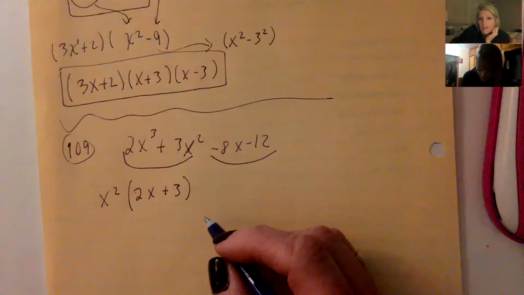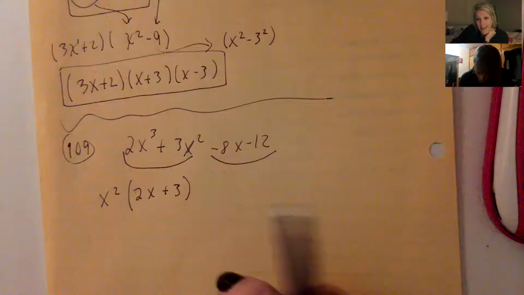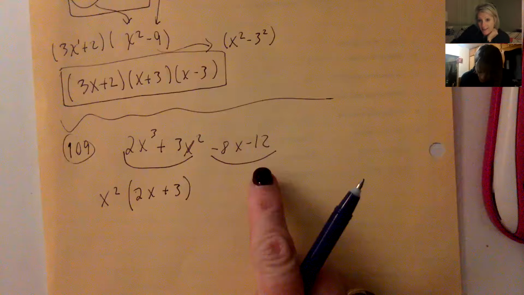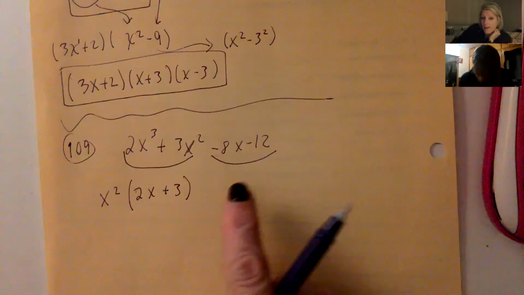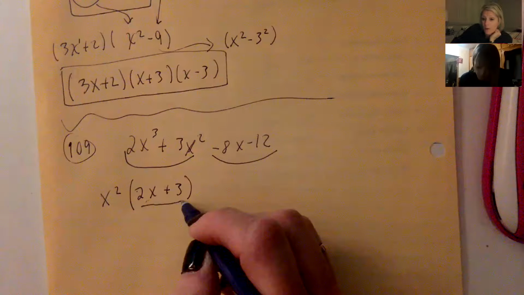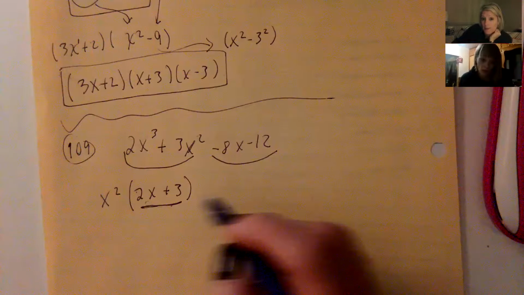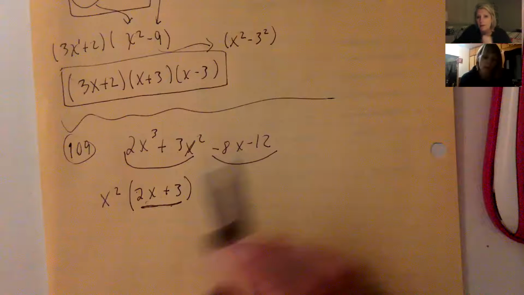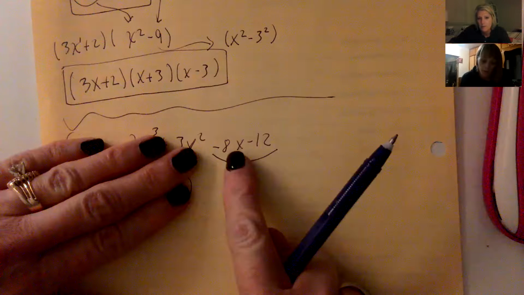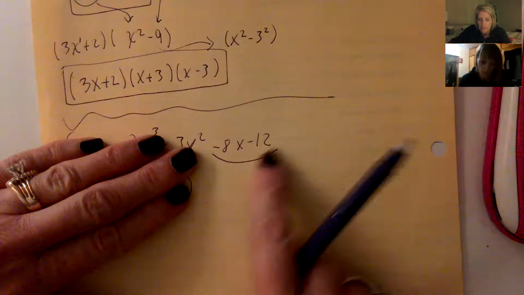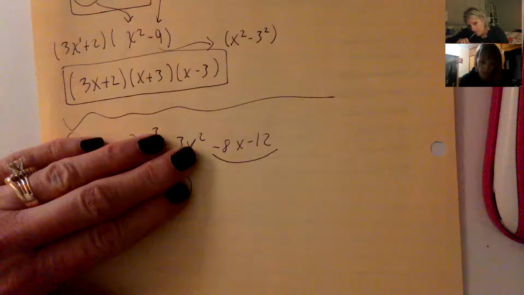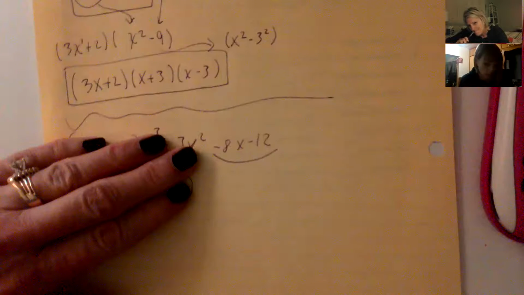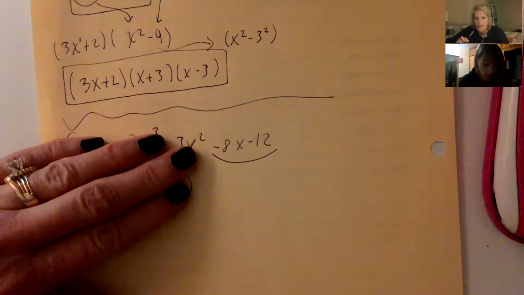So when I'm thinking ahead for the next group, I'm already thinking that this is what should be left over, right? 2x plus 3 should be left over when all is said and done. But let's just see how it plays out. So I'm going to cover this up and say, what do these two have in common? 4.